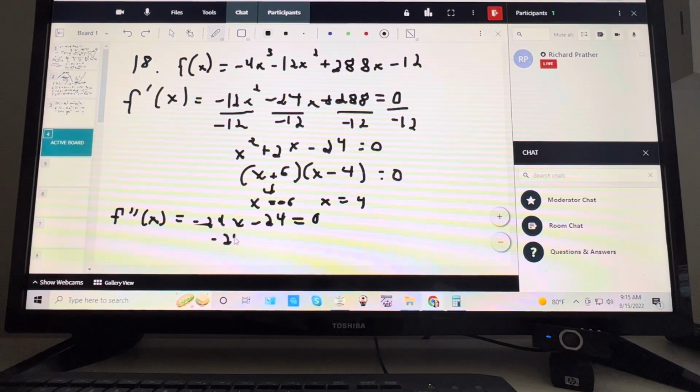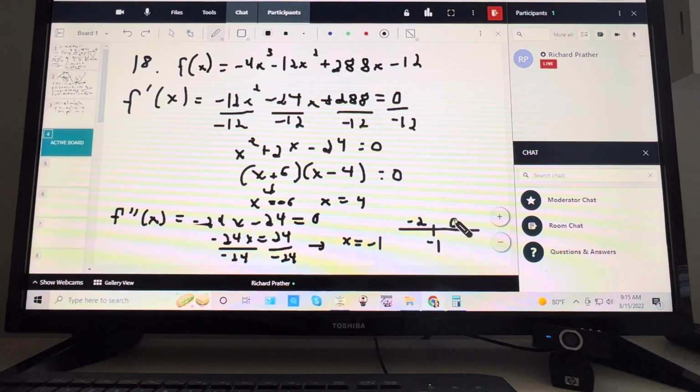There's going to be one time that this equals 0 because it's never undefined. x equals -1. This is sort of like a critical number for the second derivative, but it doesn't really have a name. So what this is used for is I can make a number line around -1 and use -2 and 0, let's say.